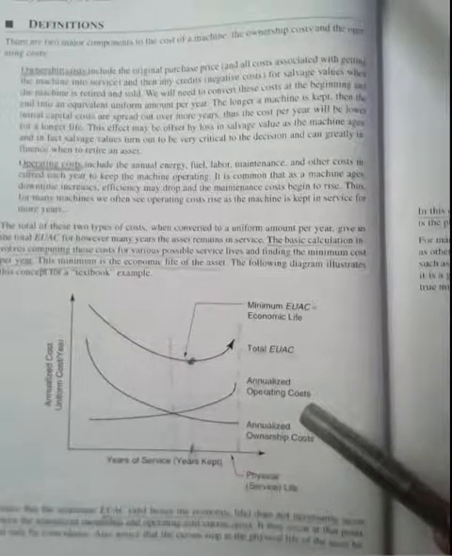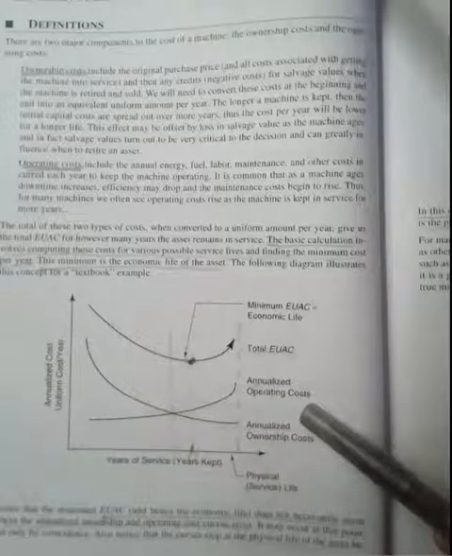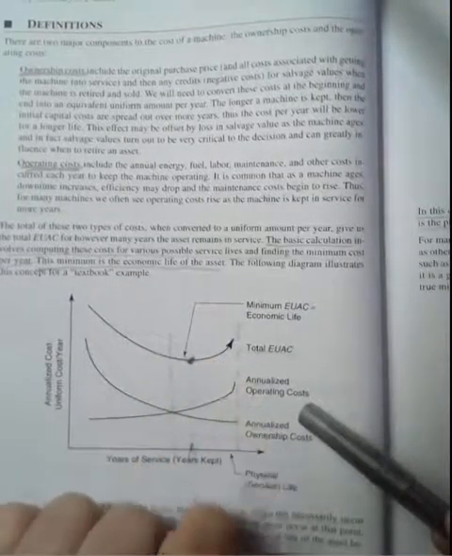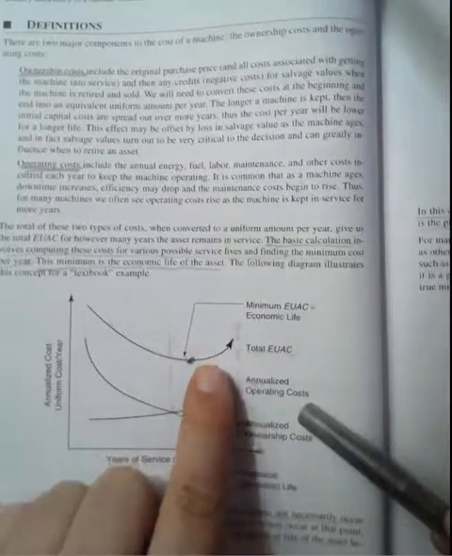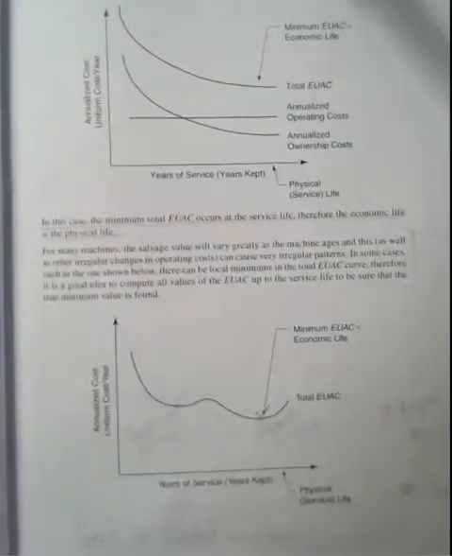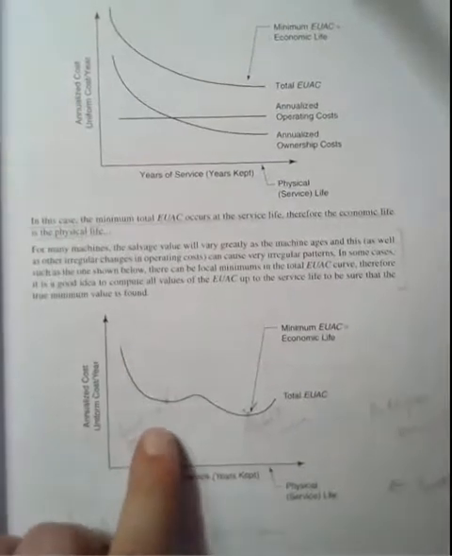Because the longer we keep it, the lower are going to be, up to a certain point, the costs of ownership. And that point being the inflection point, when the summation of the two types of costs starts going up. However, we need to pay attention to cases where, for example, there are multiple minima.